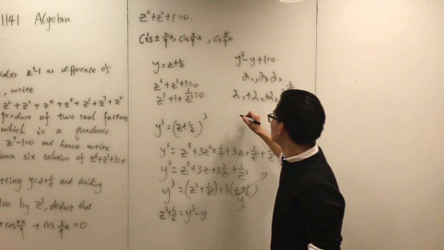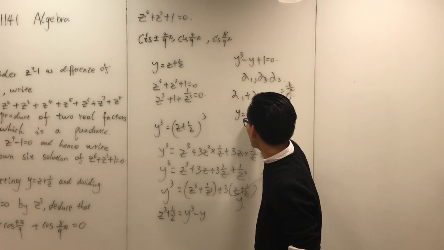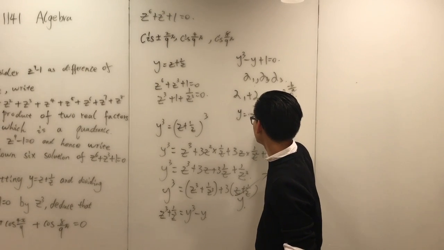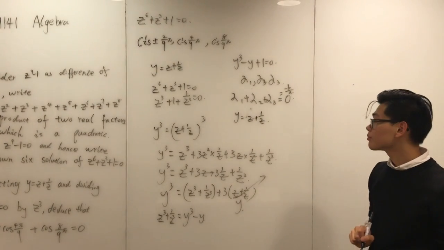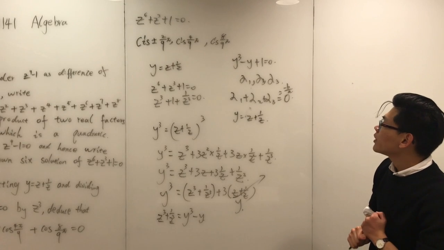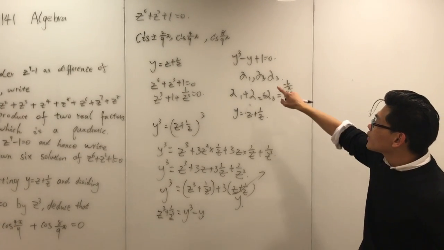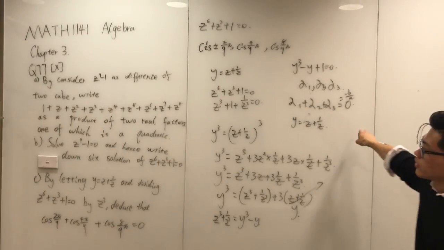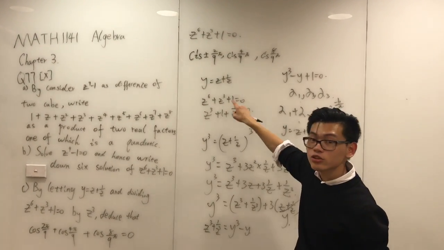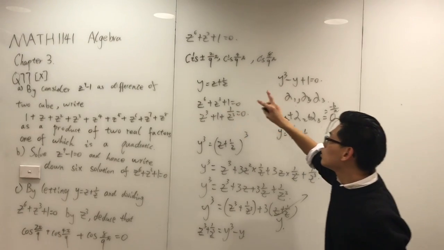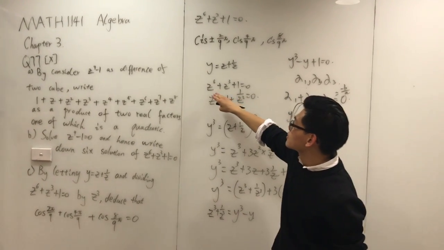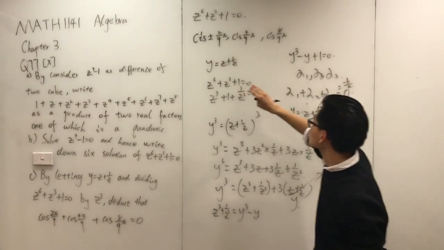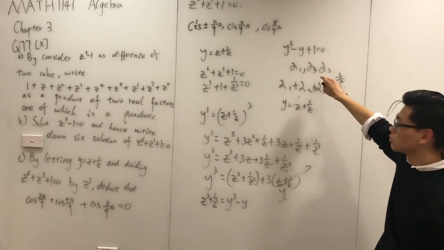As we know, y equals z plus 1 over z. And we know y cube minus 3y plus 1 is transformed from the equation z^6 plus z^3 plus 1, so the root of this equation should also satisfy this equation.